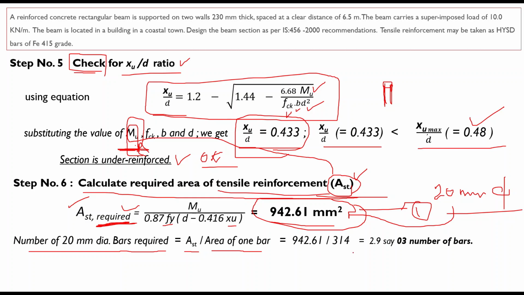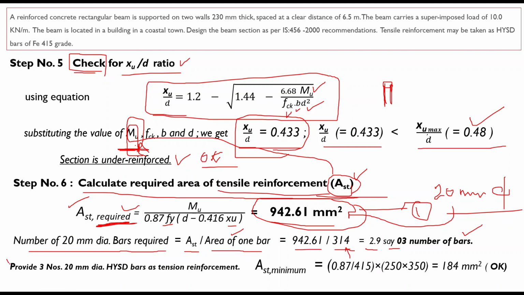So the formula for area of one bar is pi by 4 into d square. The area of one 20 dia bar works out to be 314, and the total area we have to provide is 942.61. Dividing this, you get 2.9. So approximately we will provide three bars as tensile reinforcement.